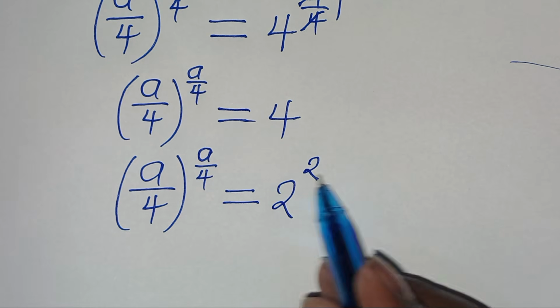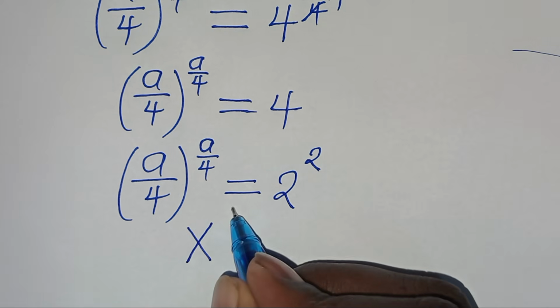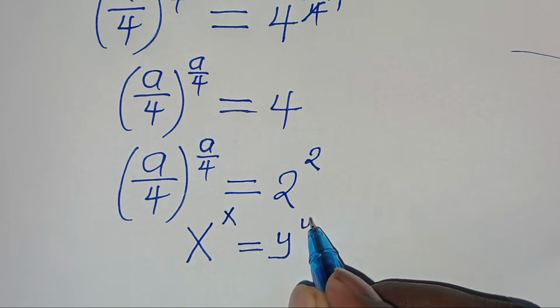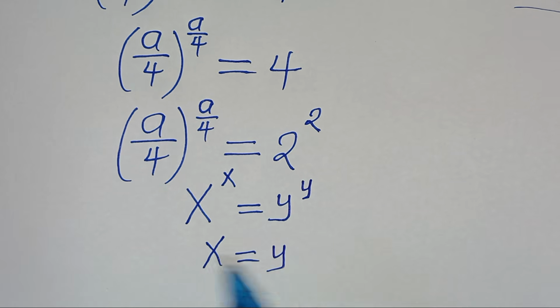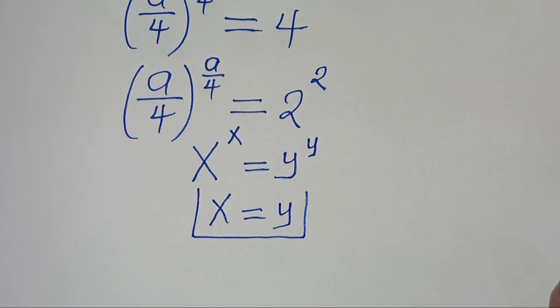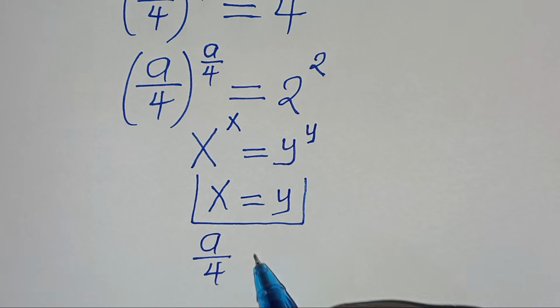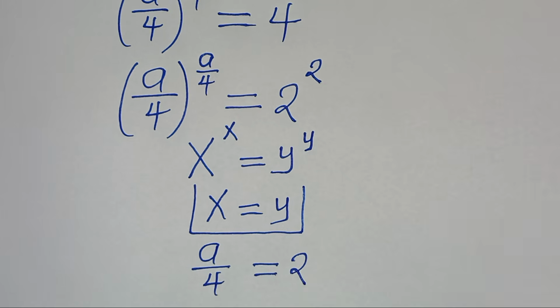This means that if we have x raised to the power of x equal to y raised to the power of y, then x is equal to y. So a over 4 is equal to 2.